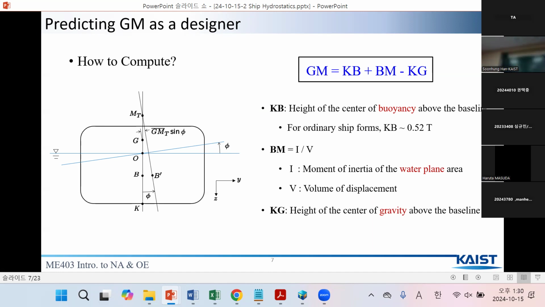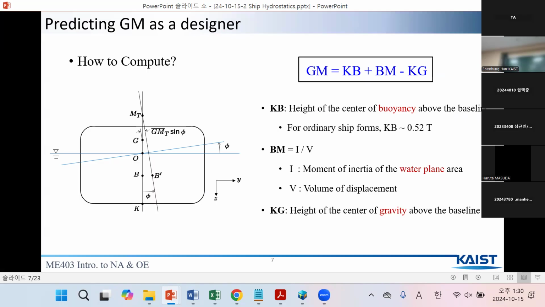Historically they tried many different ways, but arrived at this idea of KB, BM, and KG. So we want to calculate the GM, right?